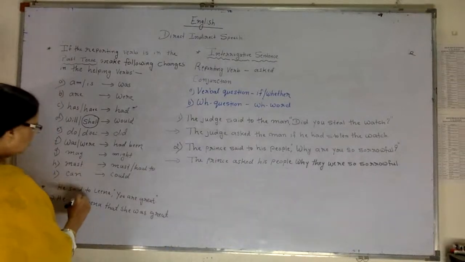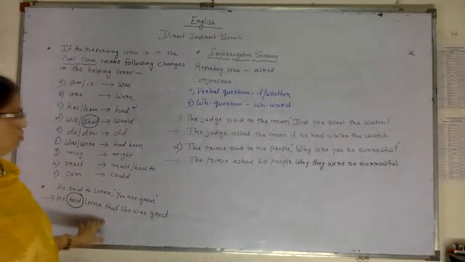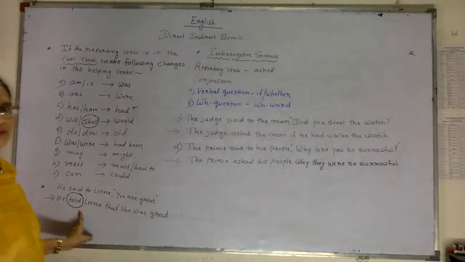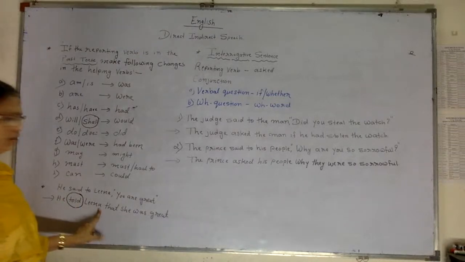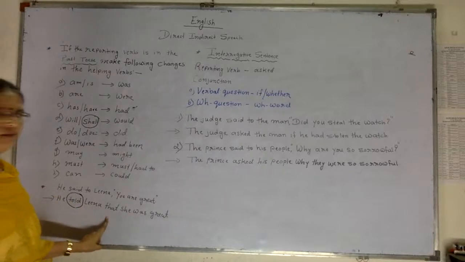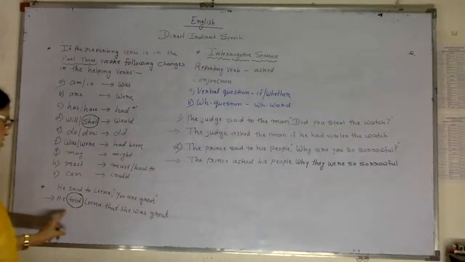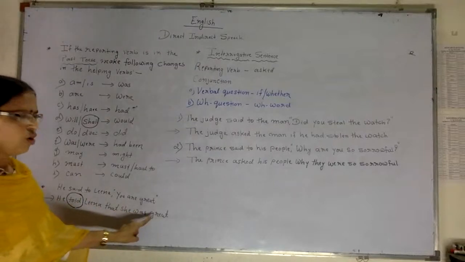Here children use told to, but never use to after told. You will not write it as he told to Lena. He told to Lena will be considered a grammatical mistake. He told Lena that she was great.